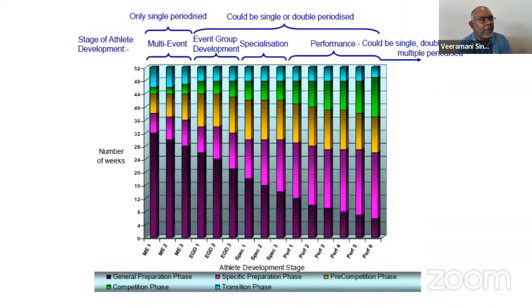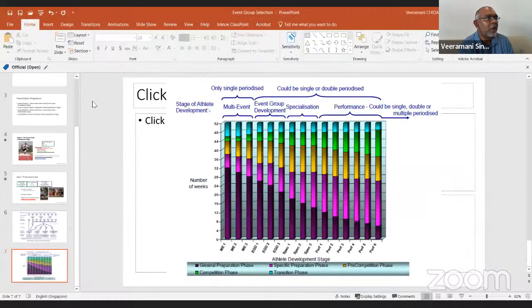Here is a simple graph showing how loads change across periods in relation to development. These are just guides for you to use later on. I'll be sending you these shortly.